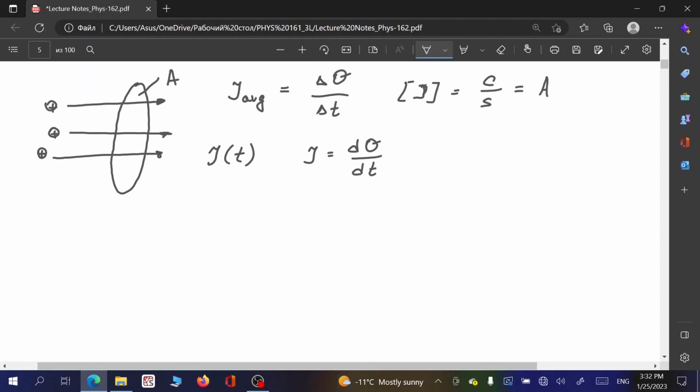So now let us consider some microscopic model of electric current. Let's say we have a conductor and consider two cross sections of this conductor.